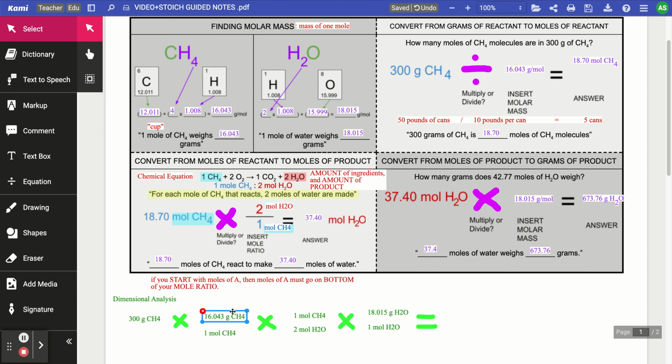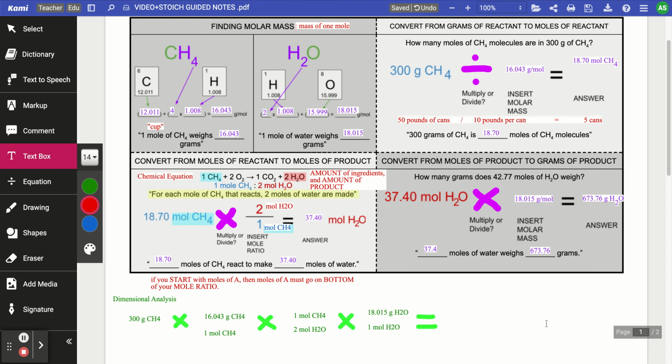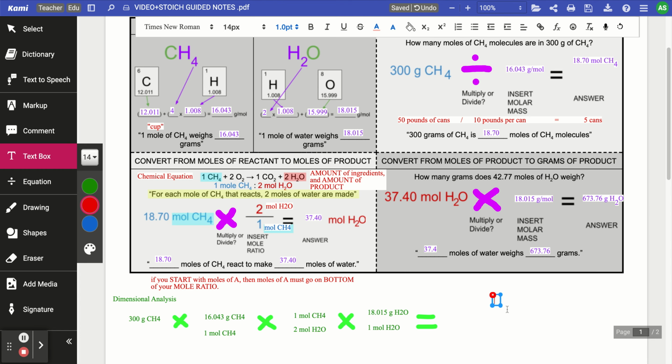If you think about a fraction, what happens if you have 2 times 3 over 2?